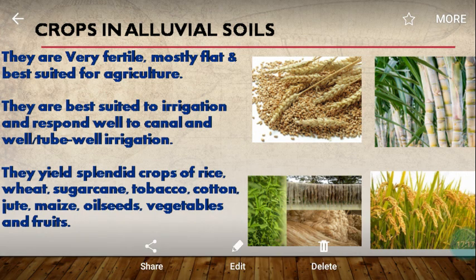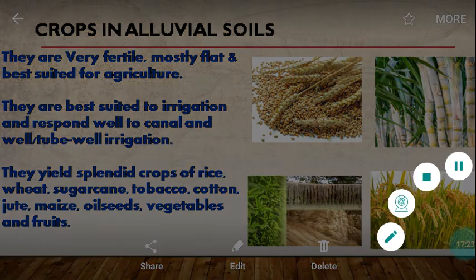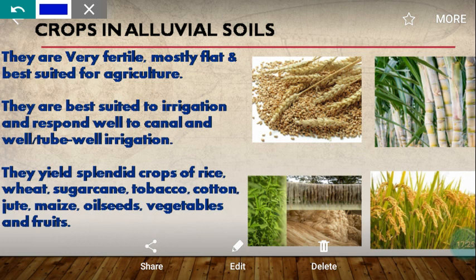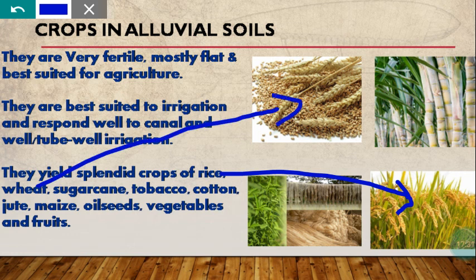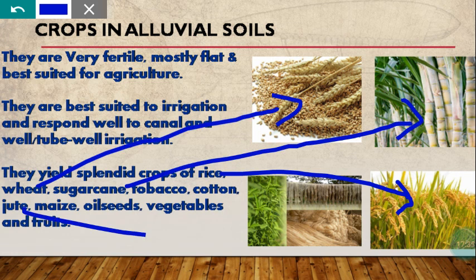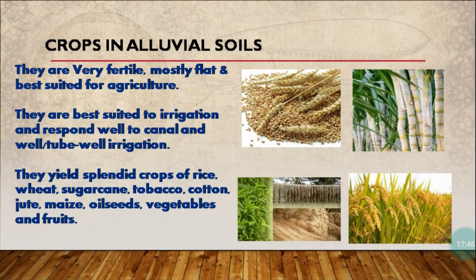Next, they yield splendid amounts of different kinds of crops like rice, wheat, sugarcane, tobacco, cotton, jute, one more important crop of India, maize, oilseed, and different kinds of vegetables and fruits are grown in this soil.